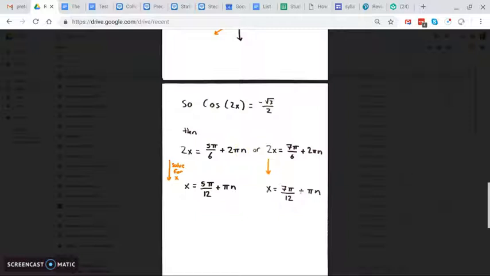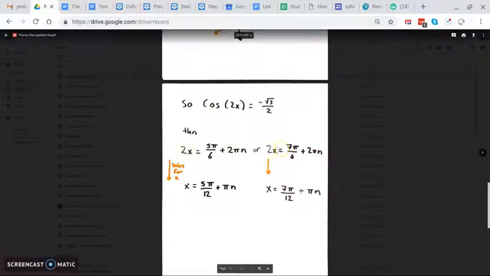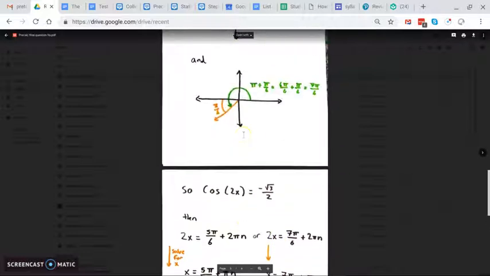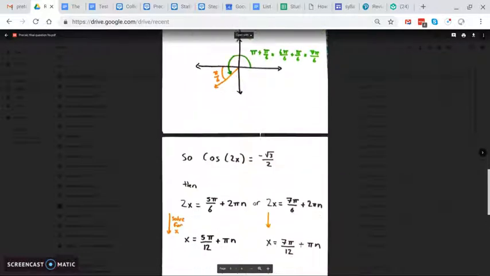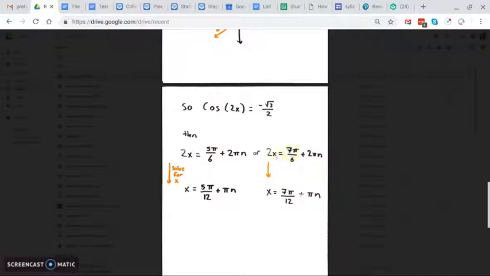But you'll see why in a second, because this is going to get shortened up by whatever is a factor over here. Then we have the same thing for the second angle, 7 pi over 6. We have solutions where 2x is equal to 7 pi over 6 plus any full circle added to that angle.